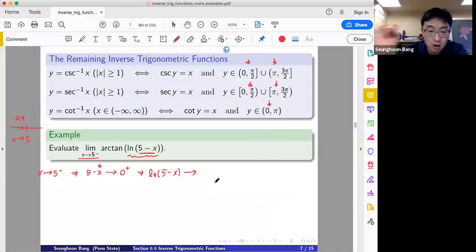Oh yeah, y is positive, I just said it before. The x value approaches 5 from the left. So what does it mean? You can choose any number less than 5 and plug it in here. 5 minus 4.9 is a positive number. We can use the positive sign. This is the reason.